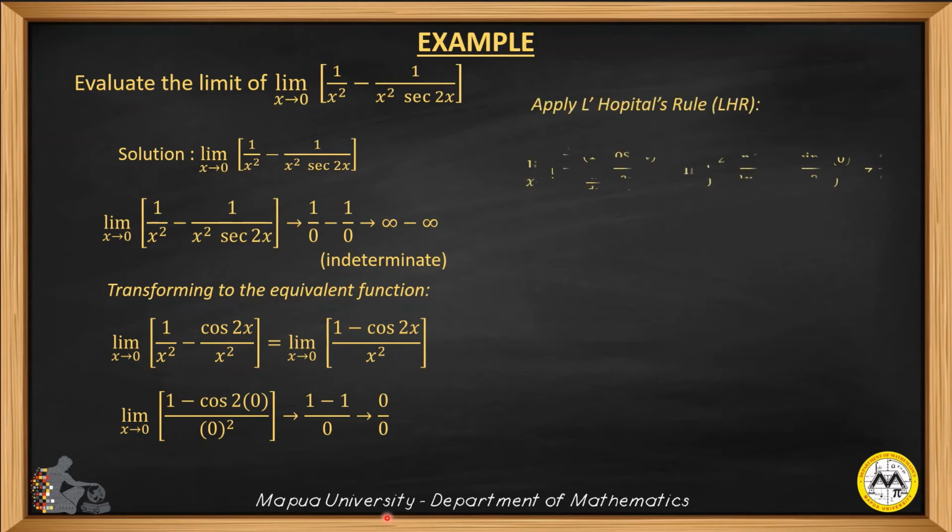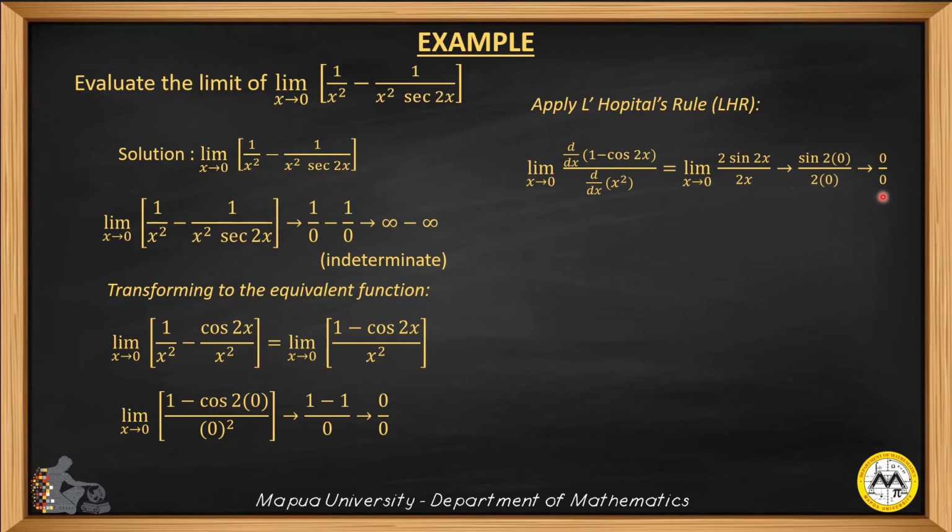So what we have now is the limit of the derivative of 1 minus cosine of 2x divided by the derivative of x squared, as x approaches 0. As to the derivatives, for the numerator we will just have 2 sine of 2x, and in the denominator 2x.